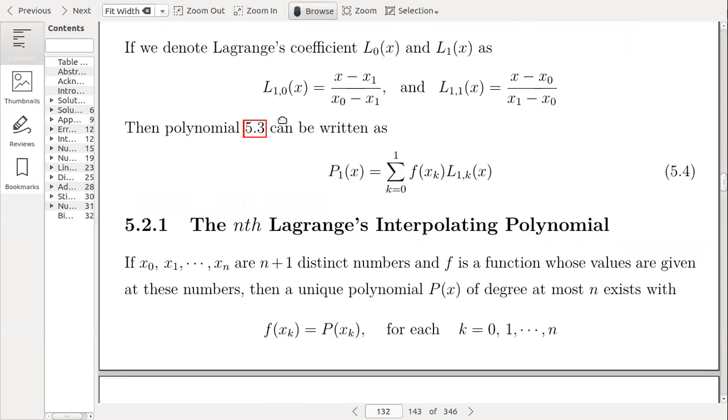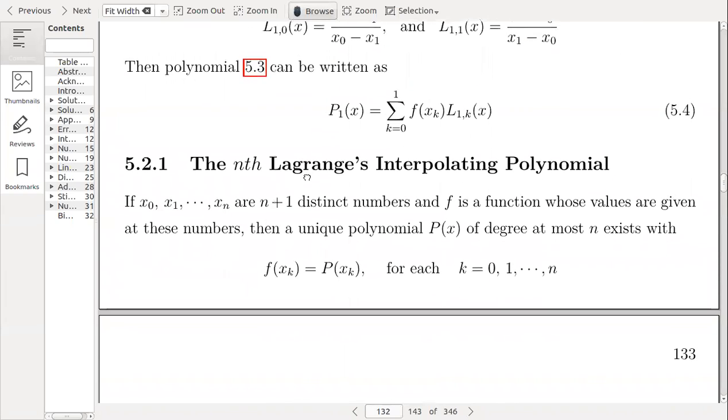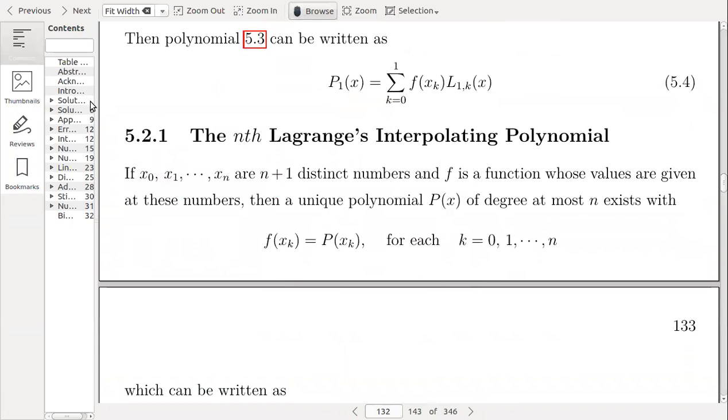Now we can generalize this polynomial to the nth Lagrange interpolating polynomial. So what is the nth Lagrange interpolating polynomial?